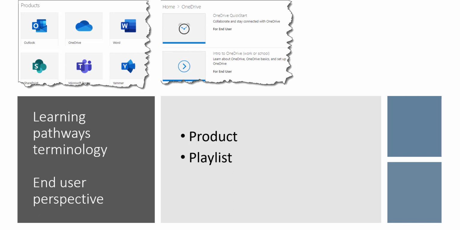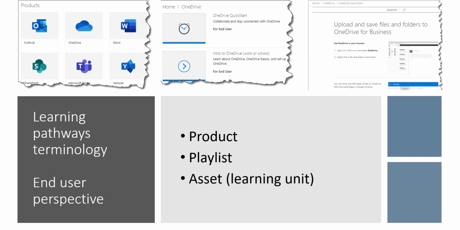Okay. So for OneDrive it would be OneDrive Quick Start, Intro to OneDrive, etc. When they click on an actual playlist, then they see the asset, the learning unit. And that asset is where all the actual content would be hosted.